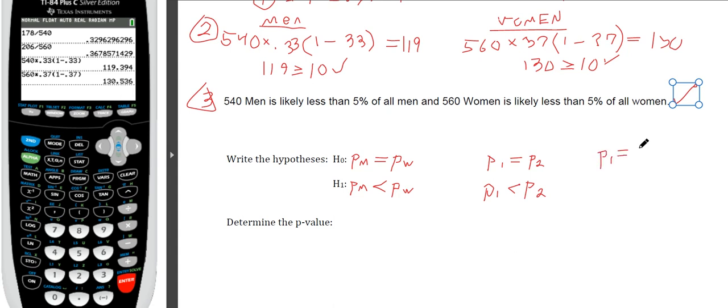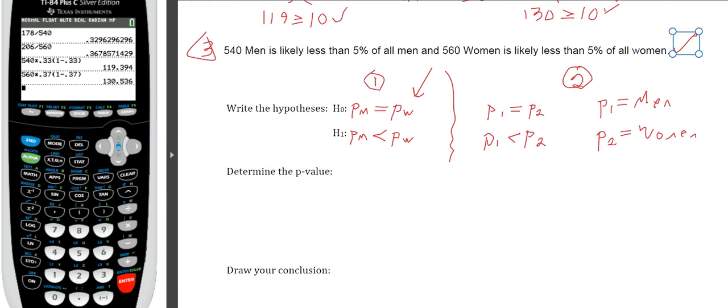So P sub 1 is for men, and P sub 2 is for women. So this would be the first method that you could do this. This would be the second method you could do this. So either one would work. I like to do this one, particularly if they're pretty obvious to do with subscripts. So a little bit easier.